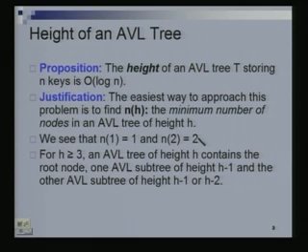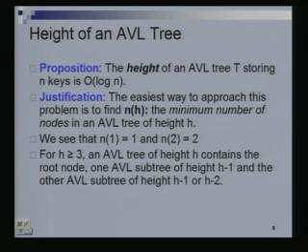So suppose I have an AVL tree of height 3 or more. Suppose the AVL tree has height h. It will contain one root node, an AVL tree of height h minus 1 on one side and an AVL tree of height h minus 2 on the other side. Why h minus 1 and why h minus 2?